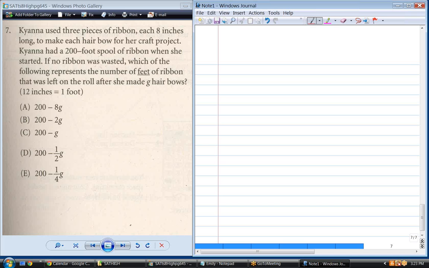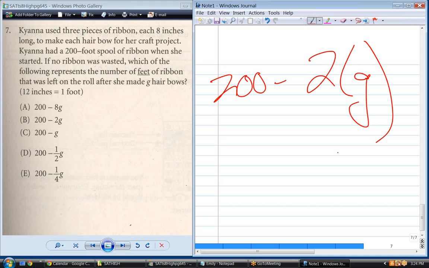If they were both in inches, it would be 200 minus 3 times g, or 8 times g. Now, hold on. Each one is 8 inches. There's 3 pieces each. So what is that? What's 3 times 8? 24. That's 2 feet. So yeah, each one is 2 feet. So it would be 2g. It's B then.